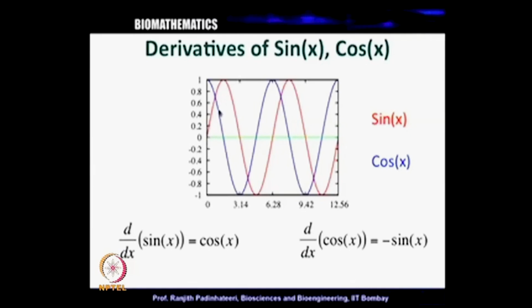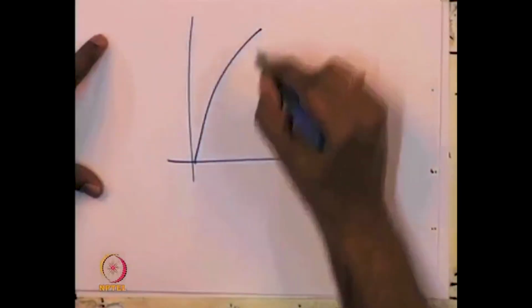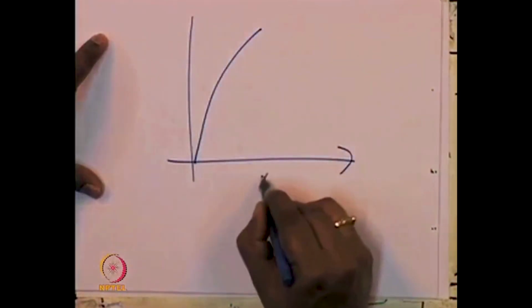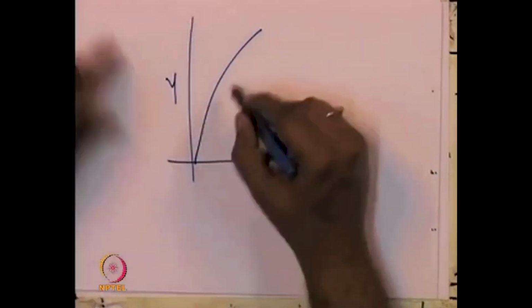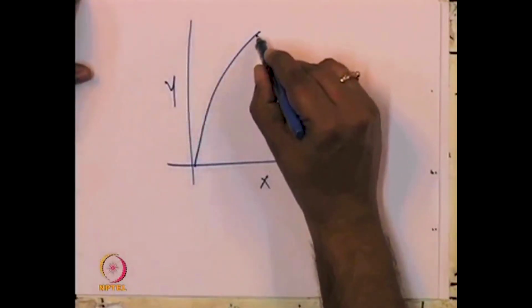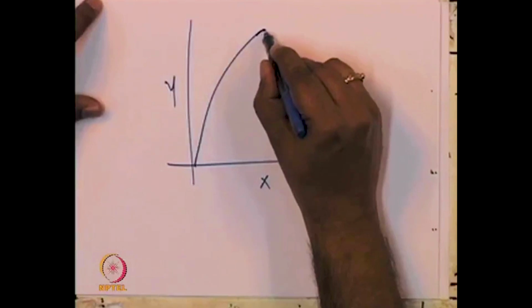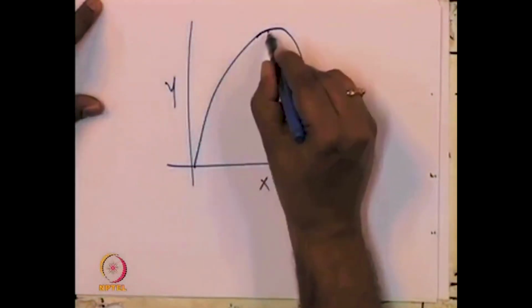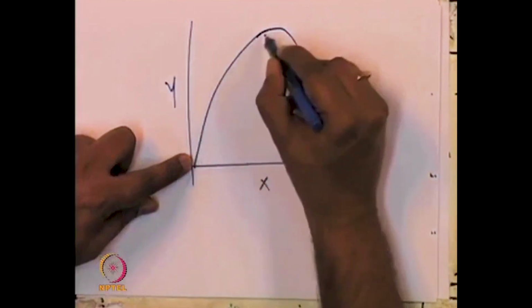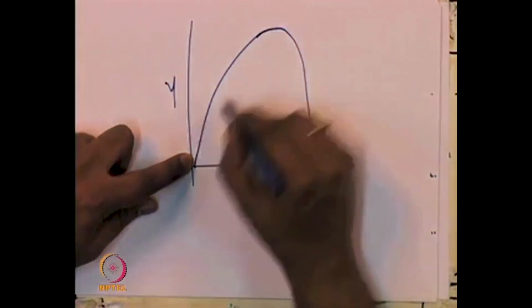What does it mean? If you just look at the red curve, it looks something like this. So, this is x and this is y. As x increases, y is also increasing. So, in this part, as x increases, y increases.